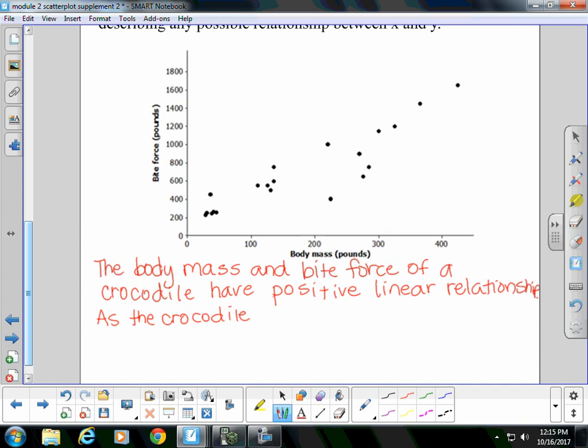As the crocodile grows in size, its bite force gets stronger.